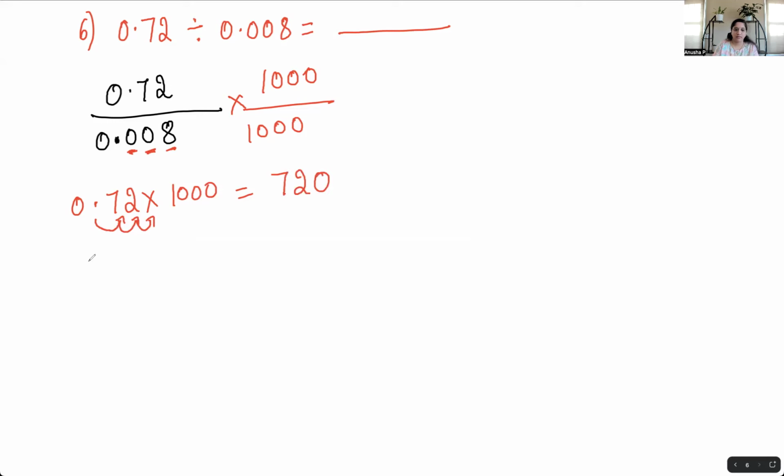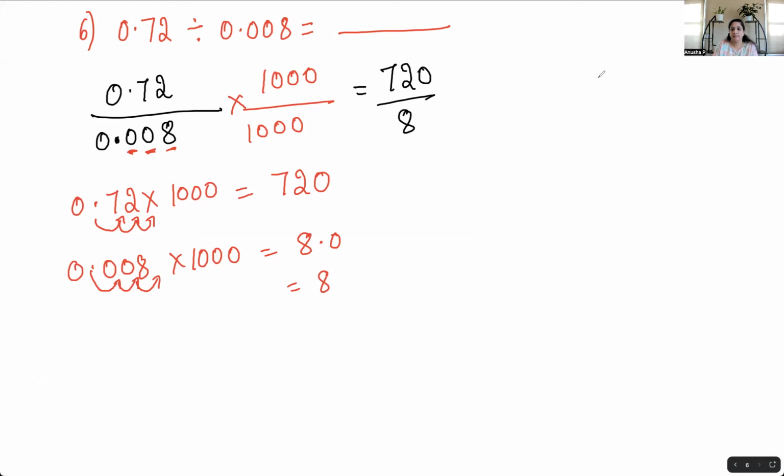Now 0.008 by 1000. Because you're multiplying by 1000, we have to move the decimal point 3 places to the right. So we can write 8.0 or 8. And then you can do our regular division. So what are the numbers we got after multiplying? 720 and then 8. So 8 here, 720.